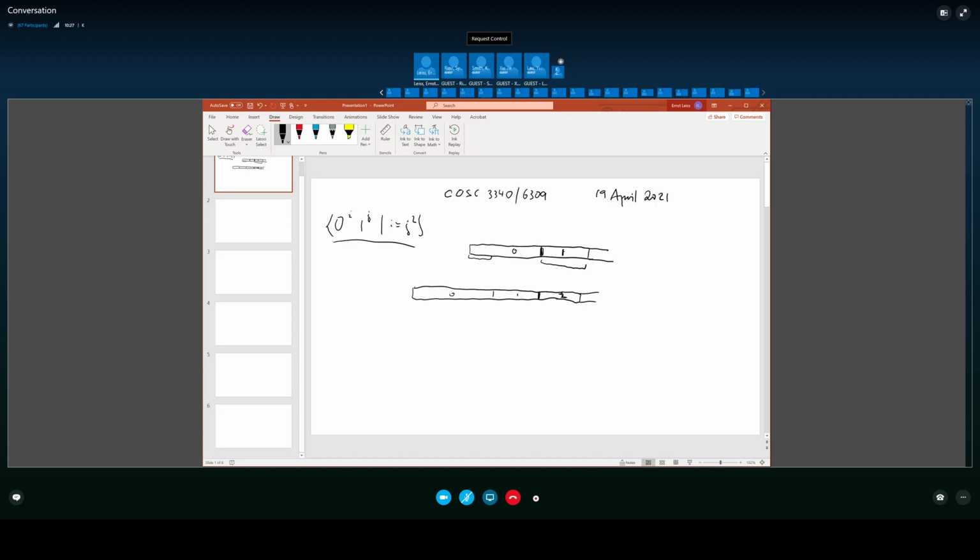Let's ignore the zeros for the moment. The idea here is that for every one that we find, we're going to write a 2. We can do that by simply going to the end. We mark the 1, say this is a 1 prime, and we generate a 2.